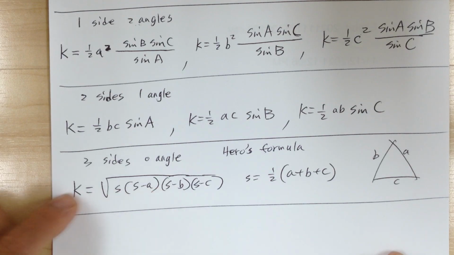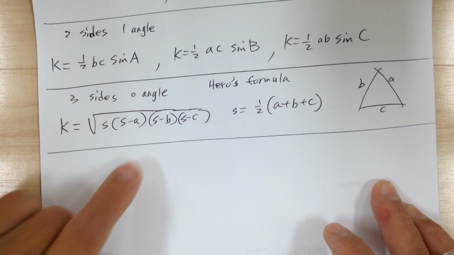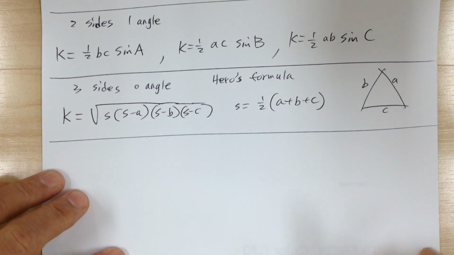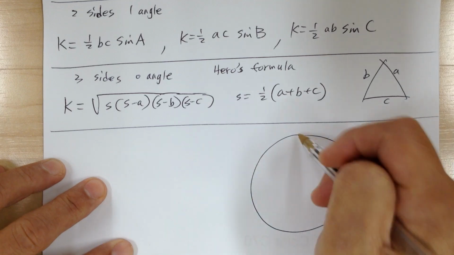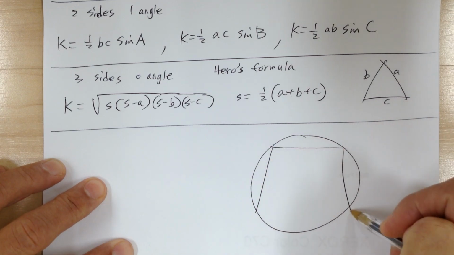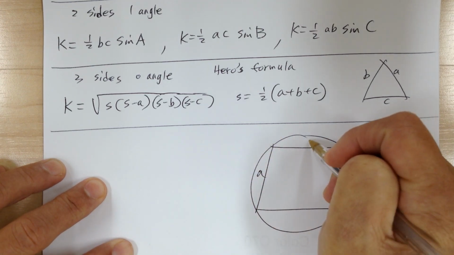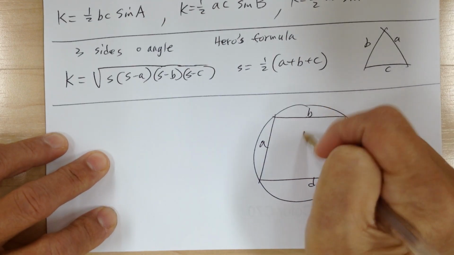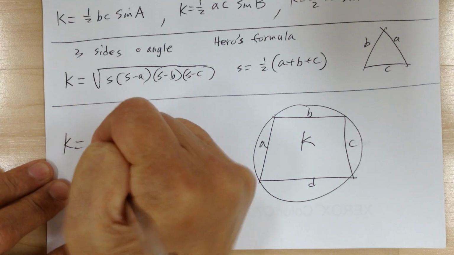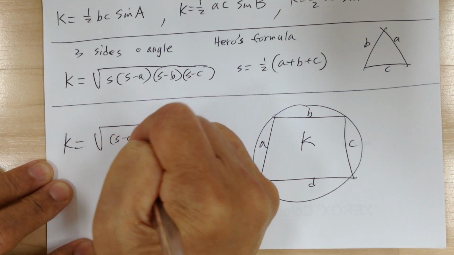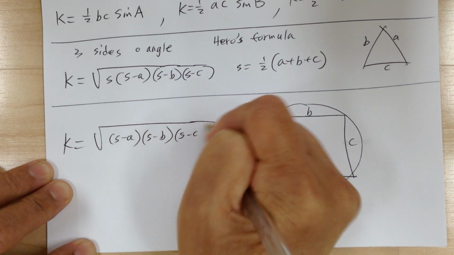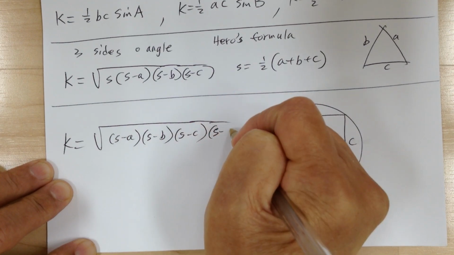This is actually a special equation. This actually came from the cyclic quadrilateral. So what happens is when you have a quadrilateral inscribed in a circle, the area K is the square root of (S minus A)(S minus B)(S minus C)(S minus D).